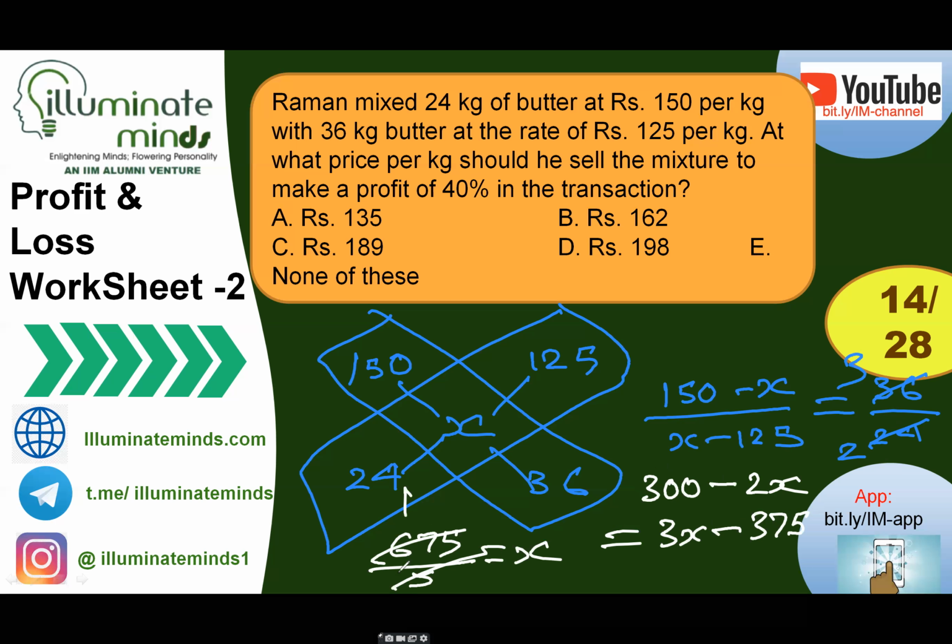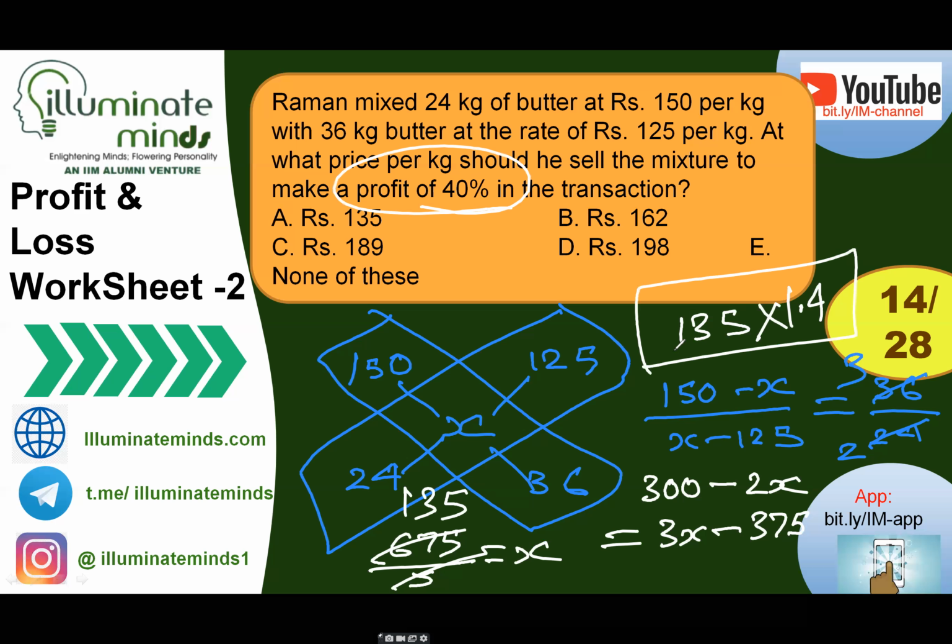X is equal to 135. Now you need to have 40% profit. So for 40% profit, I will multiply it with 1.4. 135 into 1.4 will be 189, option C. So this will be 189. I hope it's okay, guys.